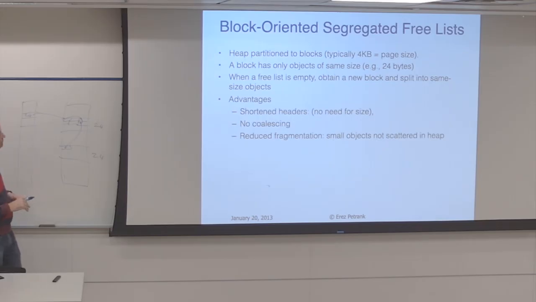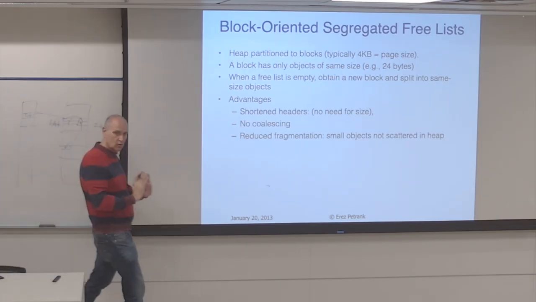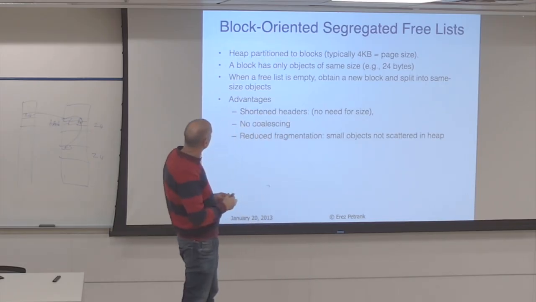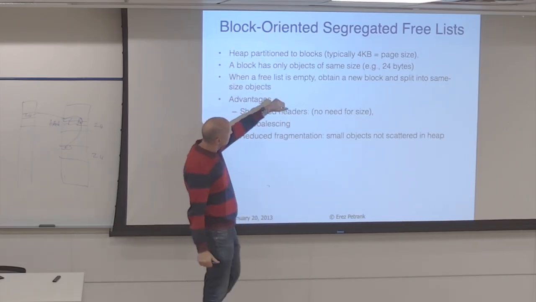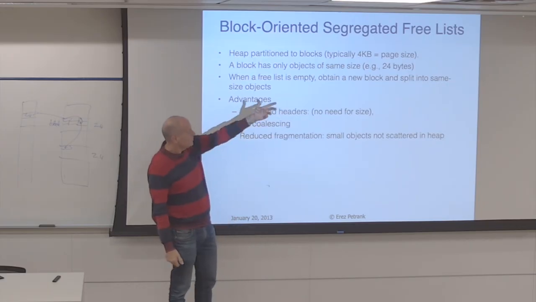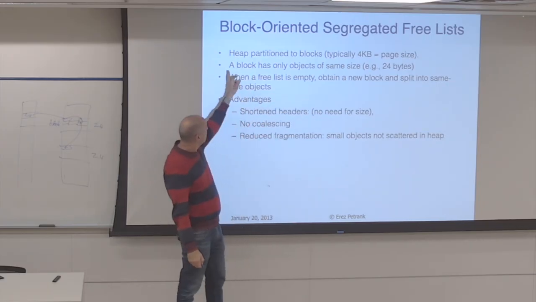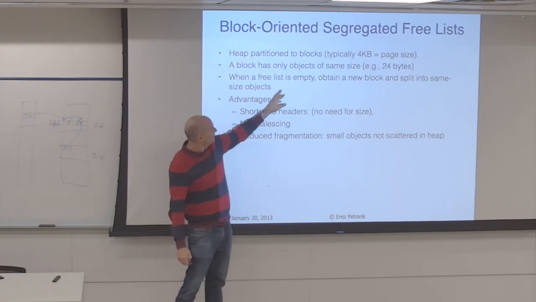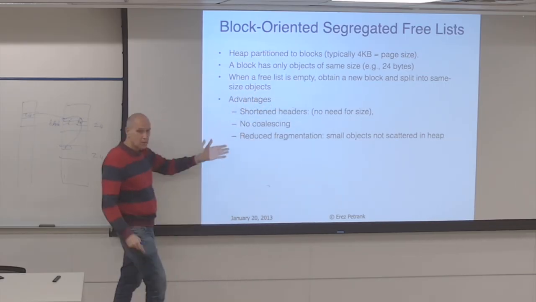Okay? This is block oriented. This is a block, and each block has a specific size that all the objects in the block are in that size. So the heap is partitioned into blocks, usually a page size, 4K, and the block has only objects of that size. And when a free list is empty, you get a new block and split it.